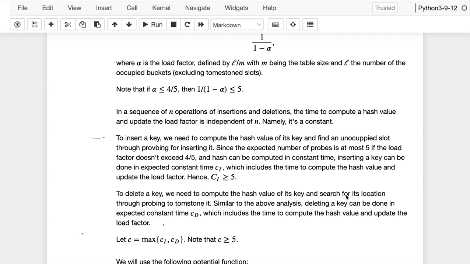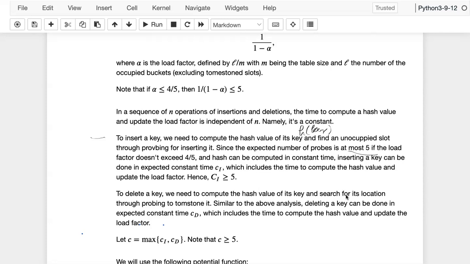To insert a key, we need to compute the hash value of its key, which is a constant time, and find an unoccupied slot through probing for inserting it. Since the expected number of probes is at most 5, if the load factor doesn't exceed 4/5, and hash can be computed in constant time, inserting a key can be done in expected constant time.